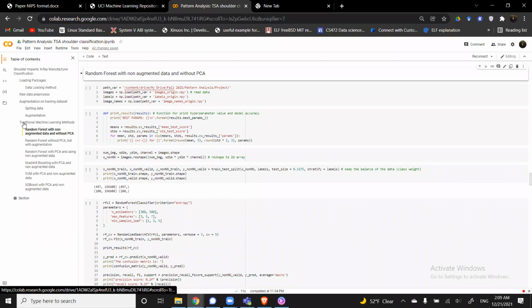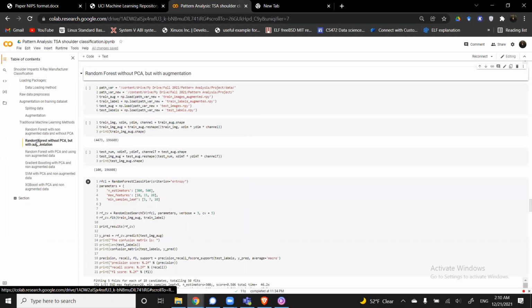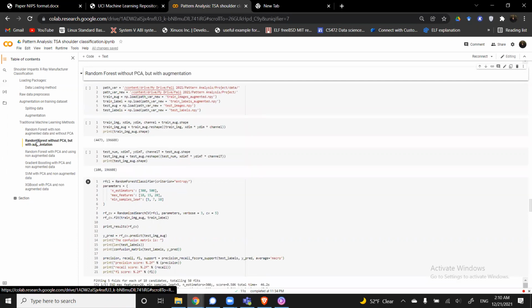So now, returning to the traditional machine learning methods that we used: the random forest with the non-augmented data and without PCA as the baseline. This was the method that was used by Urban and his colleagues. Then we performed the same random forest without PCA, but with the augmented data.